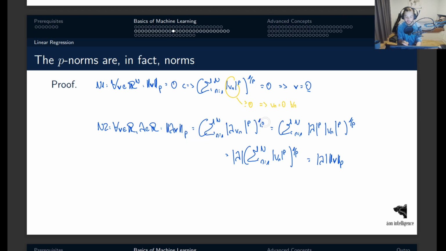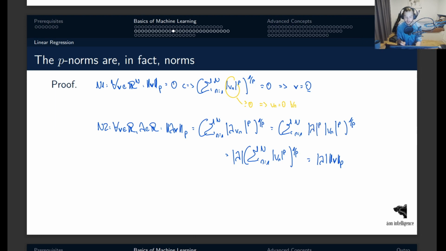So we have the p-th root of the sum of absolute values to the power of p of lambda times the components of v. And we observe that we can push out this absolute value of lambda to the power of p term and multiply it with the absolute value of vn to the power of p.